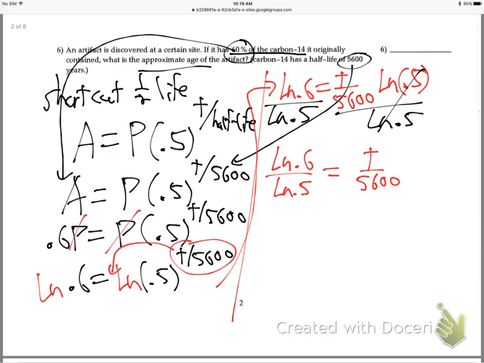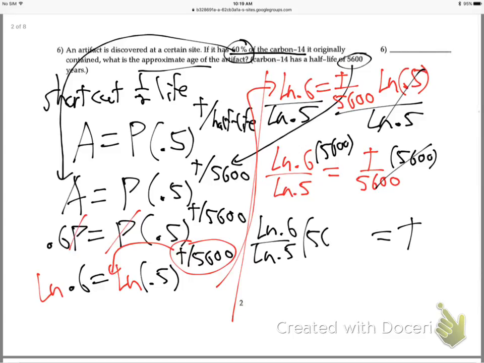Good so far? I just divide the ln 0.5 on both sides. Last step to get T alone? Multiply by the 5,600 on the left side and the right side. Boom. So T equals ln 0.6 over ln 0.5 times 5,600.